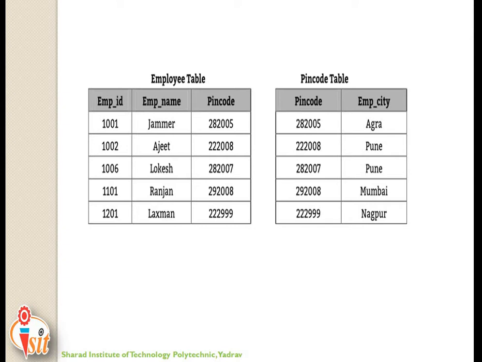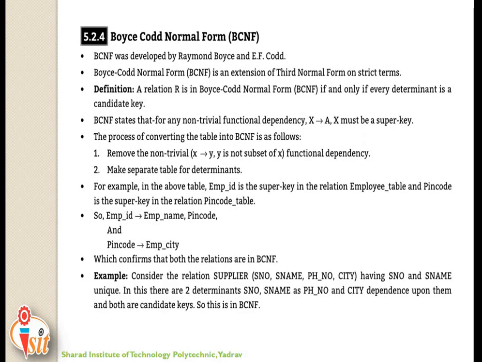Employee ID is the super key in the employee table relation, and pin code is the super key in the pin code table relation. Okay, so employee ID determines employee name and pin code determines employee city, which confirms that both the relations are in BCNF, that is Boyce-Codd normal form.